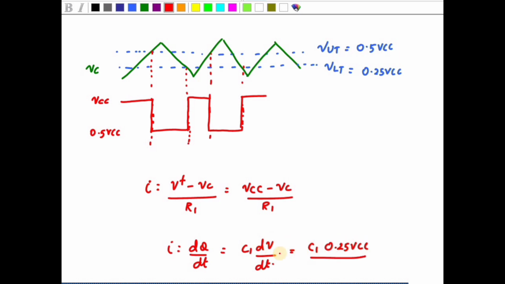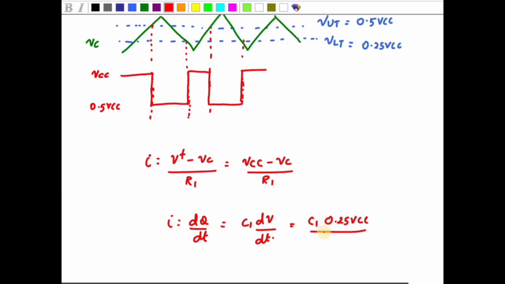If this is the time period T, I can write this as del T, and this is also del T. So I can write T is equal to 2 del T.